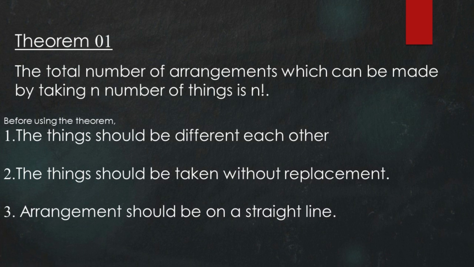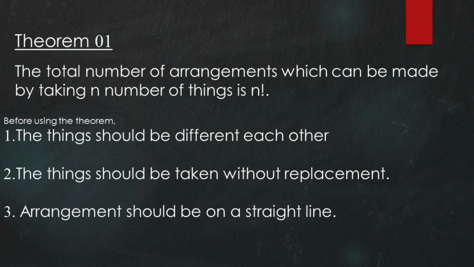Likewise, the second condition is that the things should be taken without replacement. I told you about the replacement case. Replacement means we put the item we took back to where we took it from. So this is the second condition.